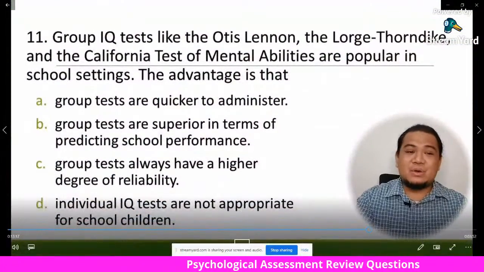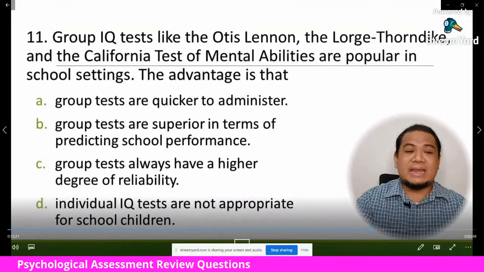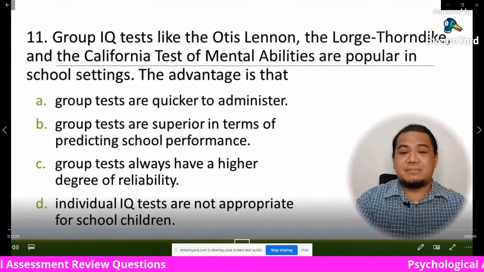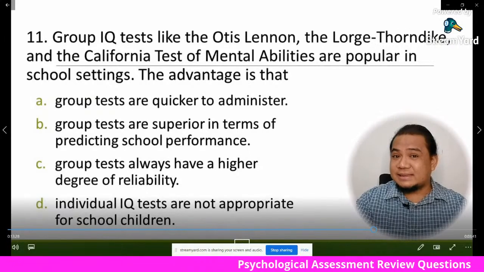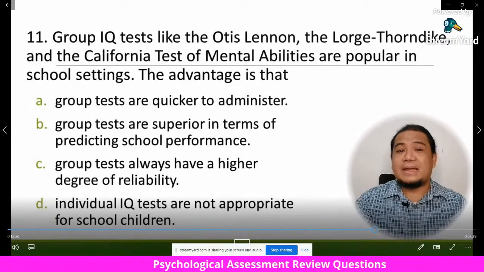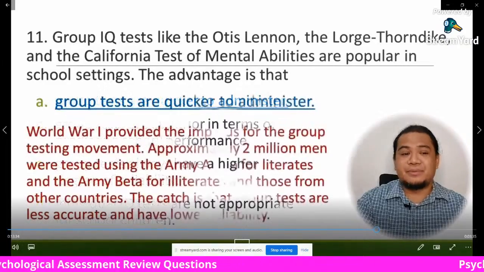Number 11, group IQ tests like the Otis-Lennon and the Lorge-Thorndike and California Test of Mental Maturity are popular in school settings. The advantage is that, and the answer is letter A, group tests are quicker to administer.